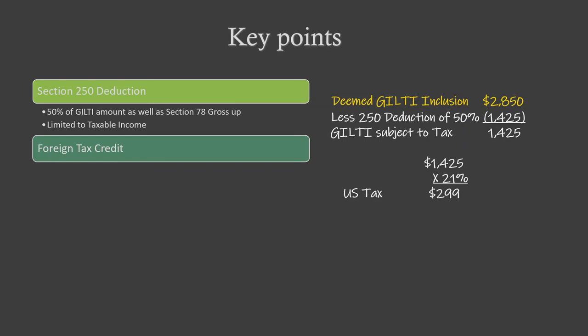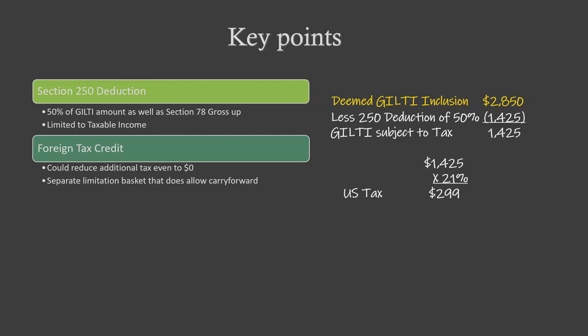If we are eligible to take a foreign tax credit, we can further reduce this tax liability. One, we would need to adjust our initial calc to gross up our inclusion by any taxes paid in the foreign jurisdiction. And then we would do our calculation to potentially reduce this liability to something less than $299 or even down to $0.